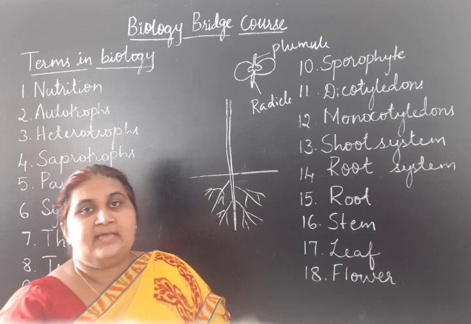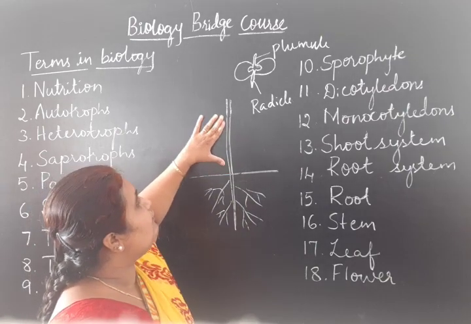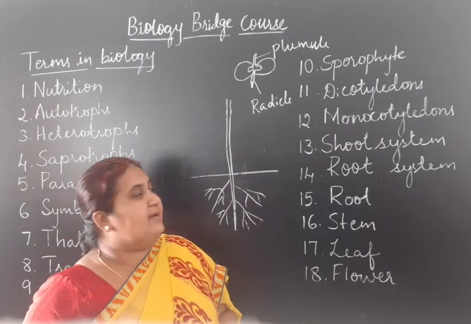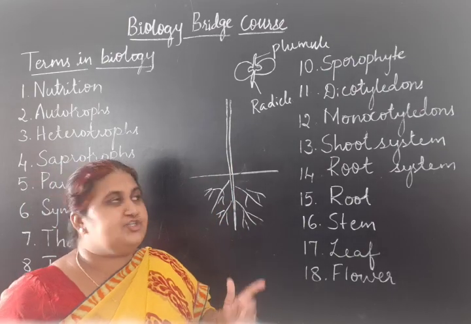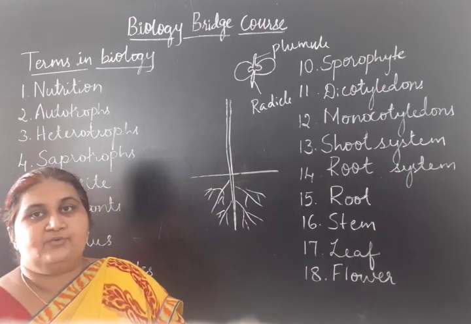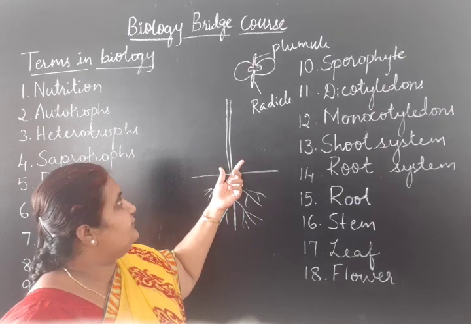Stem is the ascending part which is above the soil, which is being produced from the plumule. It produces branches, leaves, flowers and the fruits.